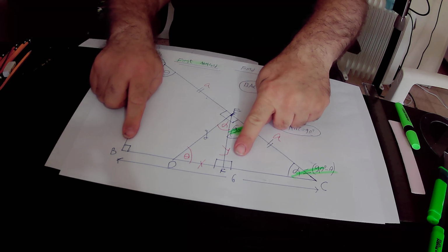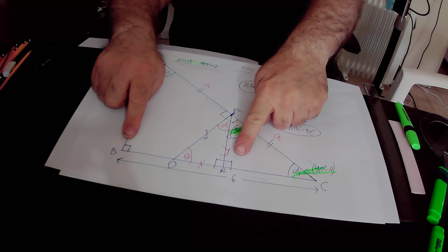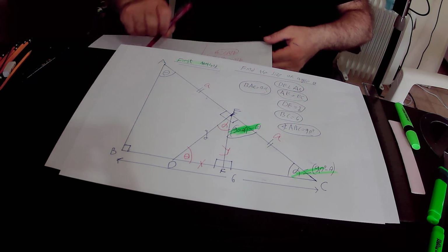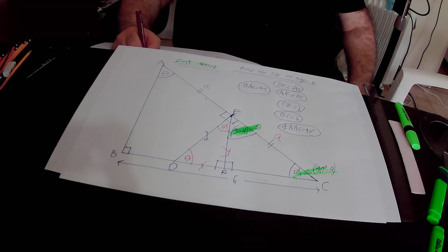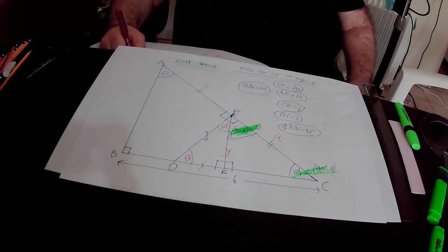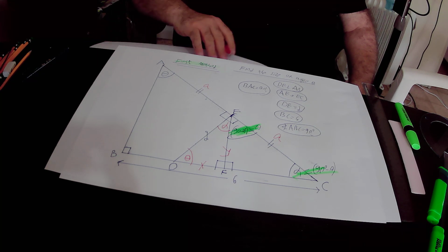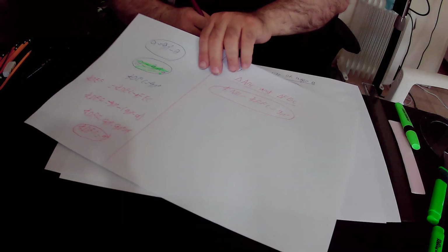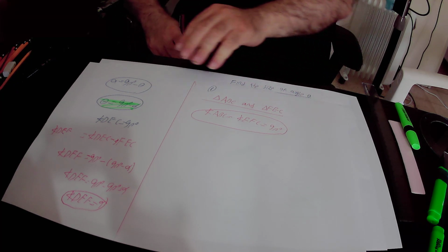First of all, those two angles are equal to each other, they are both equal to 90 degrees, so we can write down that angle ABC in triangle ABC is equal to angle EFC in triangle EFC, and both those two angles are equal to 90 degrees, they are right angles. Angle ABC equals angle EFC equals 90 degrees.